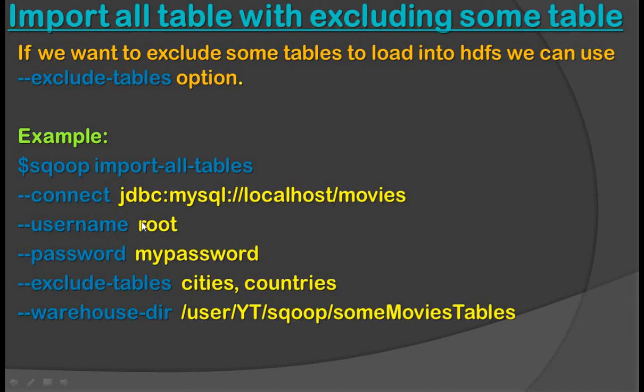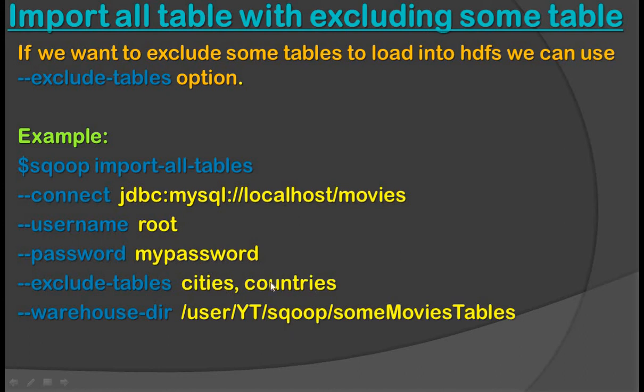You can pass your username here. --password mypassword. You can pass your password here. --exclude-tables. This is the keyword; with this keyword we can exclude the tables which we want to exclude. So this way we can write --exclude-tables cities,countries.